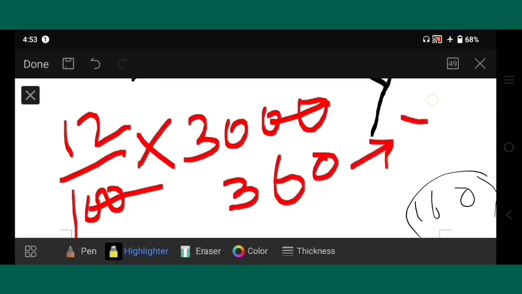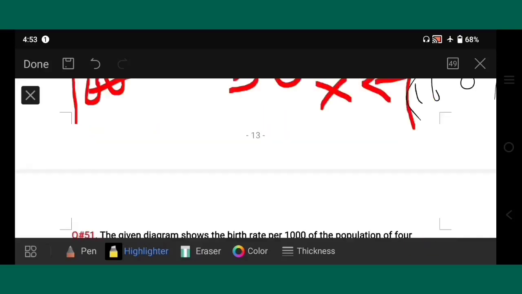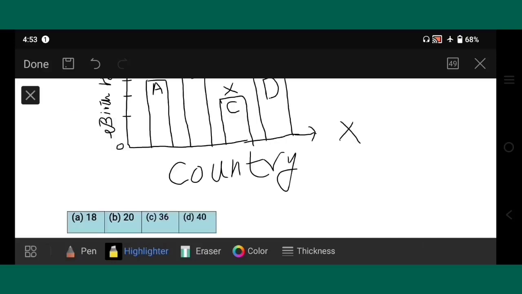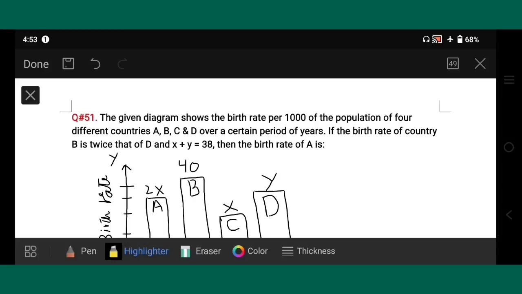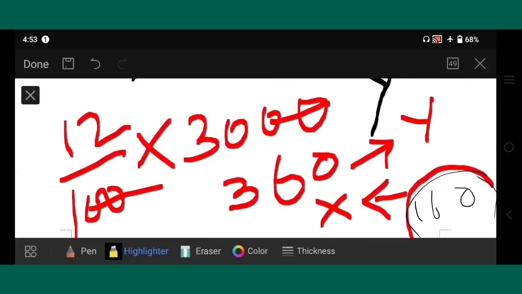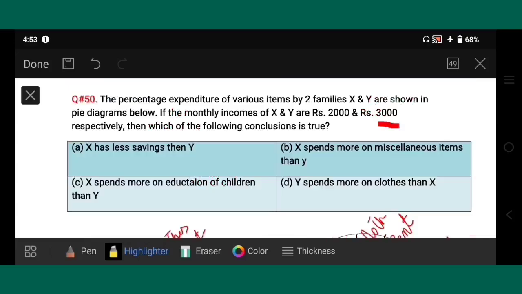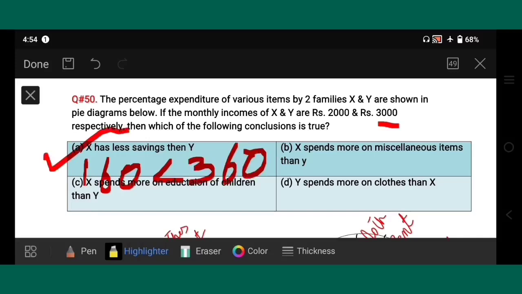So this is the savings of Y and this is the savings of X. The savings of X is 160 rupees, which is less than the savings of Y, which is 360. So option A is correct.